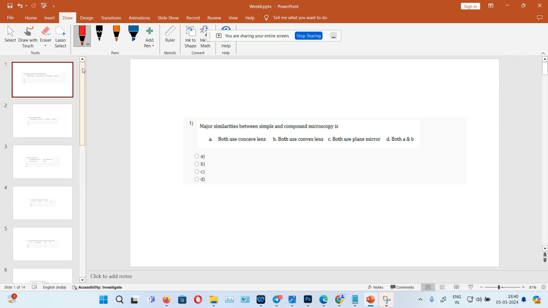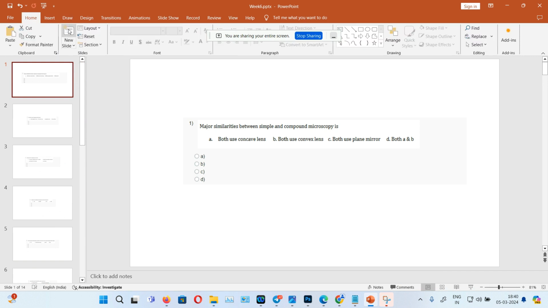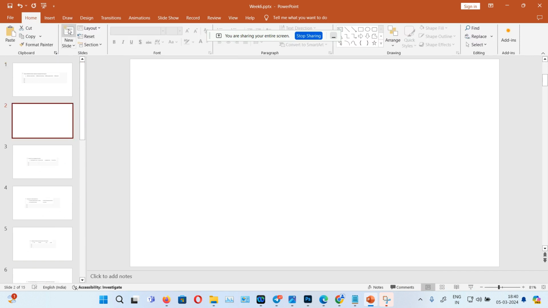Now let's see what a simple microscope is and what a compound microscope is. As I told at first, a lens in the form of virtual imaging is called a simple microscope.